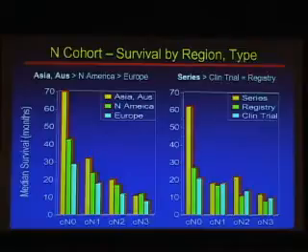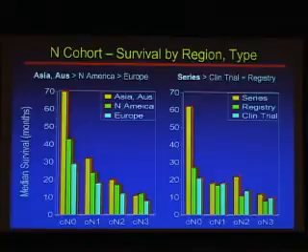So the way they separated it in the stage classification is that the differences in prognosis needed to be consistent between groups that they thought were valid to separate: in Asia, in North America, in Europe, for adenocarcinomas, within series, within clinical trials, et cetera. But it was the differences. It wasn't the actual prognosis. And so if we're going to start using actual prognosis, that we say, all right, we've got this great database, 100,000 patients, that tells me that the stage 2 lung cancer has a prognosis of 50%.